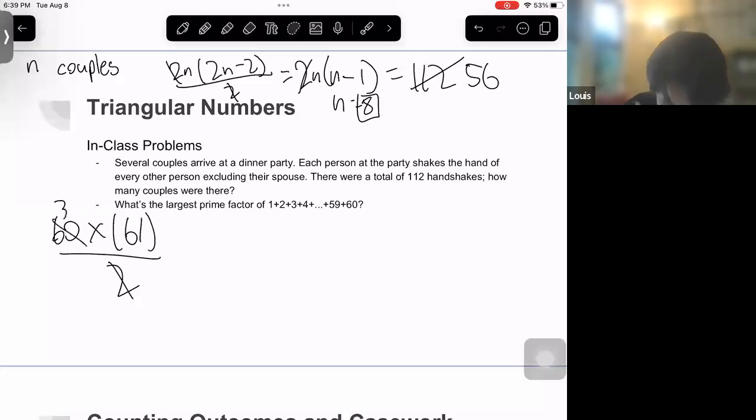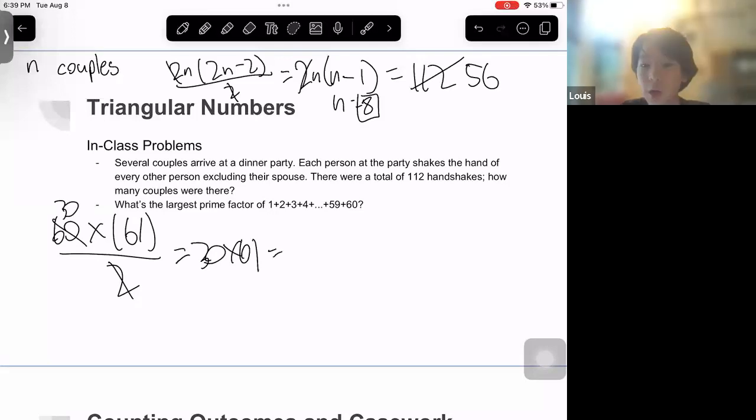So these two will give us 30, so it's 30 times 61. And since 61 is a prime, as you can check, we have that the prime factorization is 2 times 3 times 5 times 61. And obviously, the largest prime is 61.